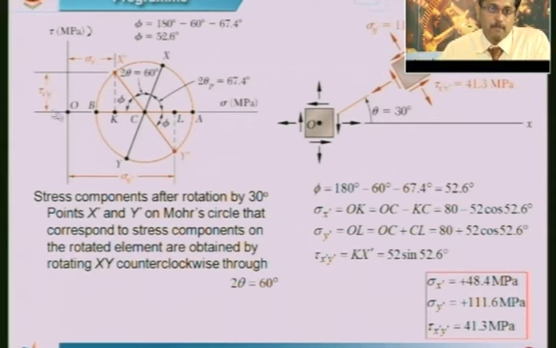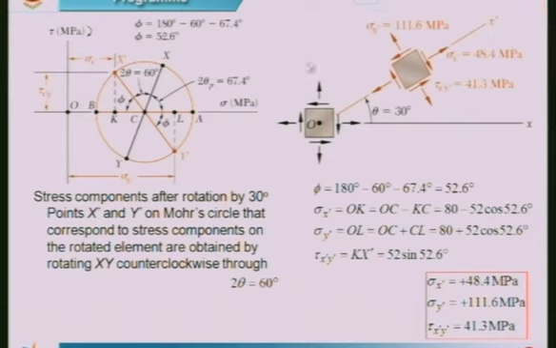And similarly, if I measure OL, this gives me the normal stress acting on the plane which is at 90 degrees to the 30 degrees plane. Now, the distance K x dash would give me the shear stress that is acting, which is equal to L y dash also. So, that is what is indicated in this diagram.